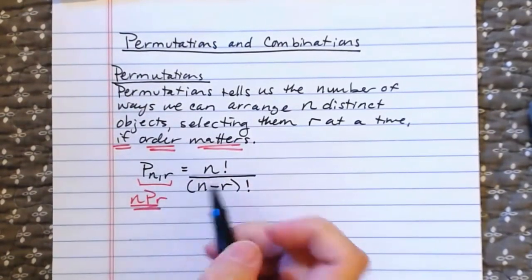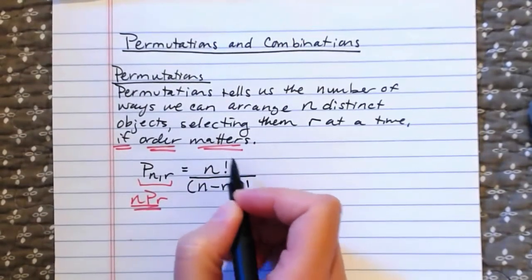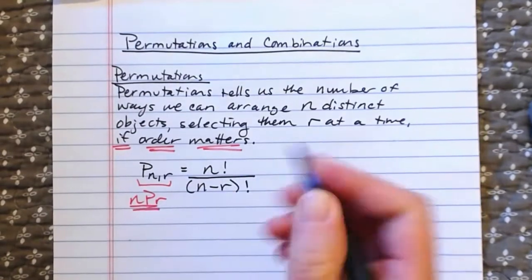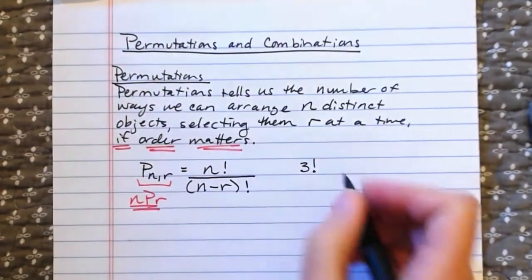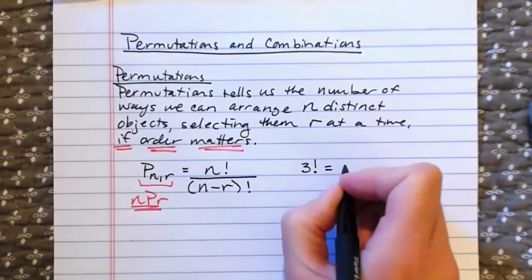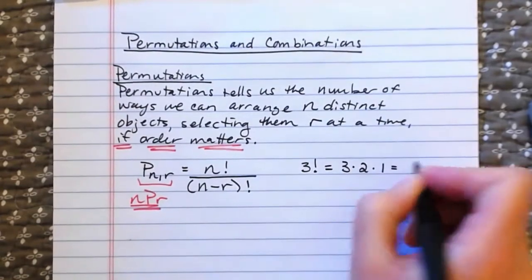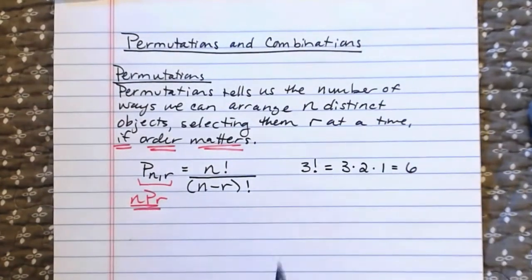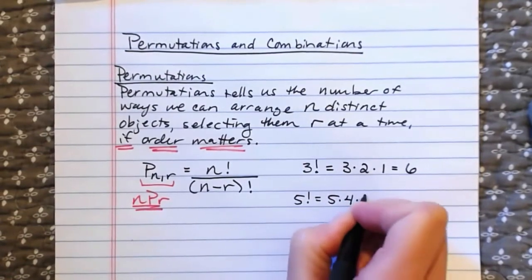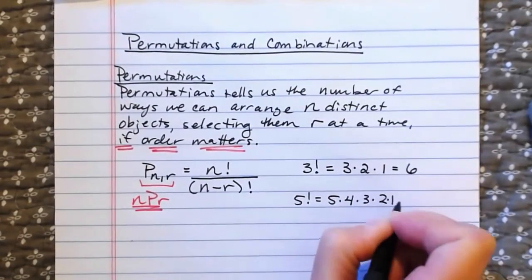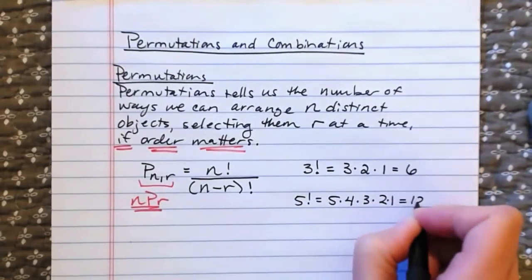But here, if we're looking at these permutations and how we calculate them, you may not have seen this factorial before. If you had, for example, 3 factorial, what that represents is a shorthand way of saying 3 times 2 times 1. Okay, so 3 factorial is 6. 5 factorial would be 5 times 4 times 3 times 2 times 1. Okay, so we'd have 20, 60, 120.